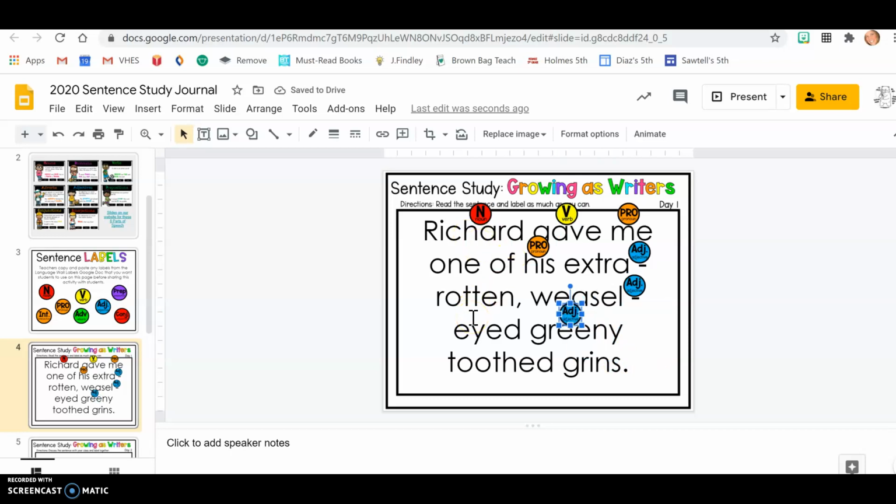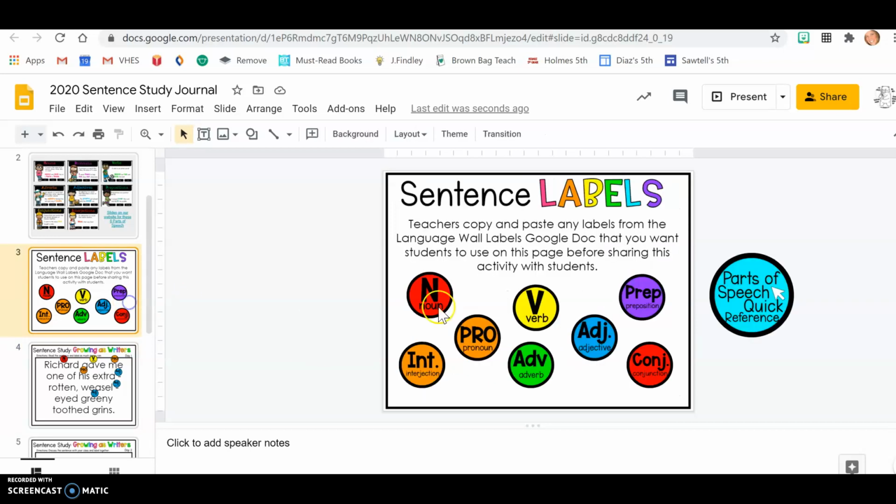Richard gave me one of his extra rotten weasel-eyed, greeny, toothed grins. Toothed grin is a thing. So when you smile and you have all your teeth right there, it's a grin. So adjective is telling me that he's smiling. It could be a greeny lipped grin. You know when you smile and your lips don't come apart? That's a different type of smile. So toothed is a way to describe more about what that grin is.